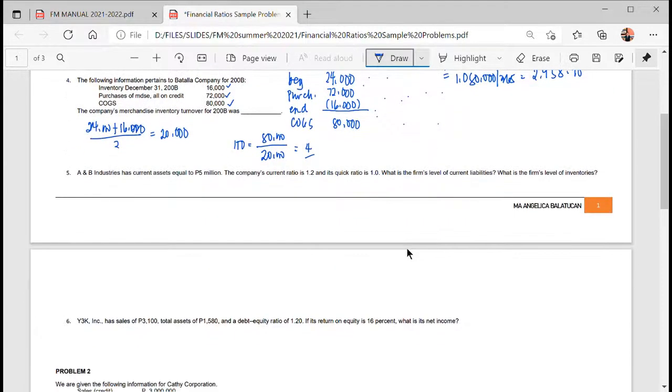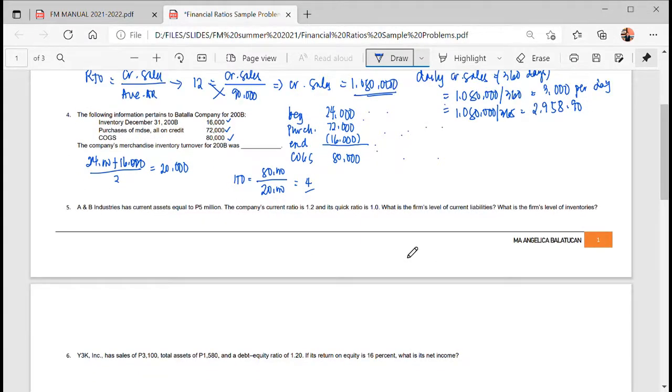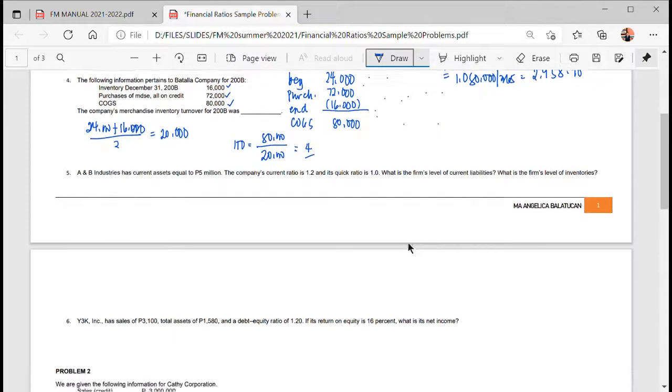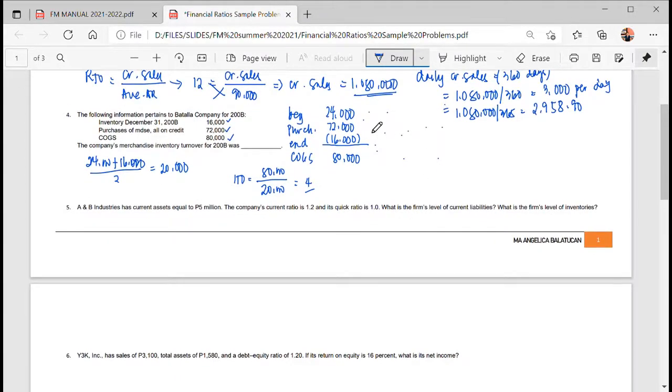Next, question number 5. What is the level of inventories? A and B Industries has current assets equal to 5 million. The current ratio is 1.2, so if you read this according to ratio, that is 1.2 is to 1.